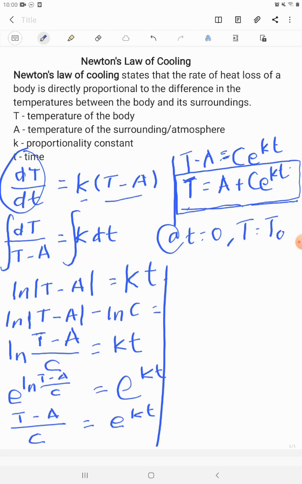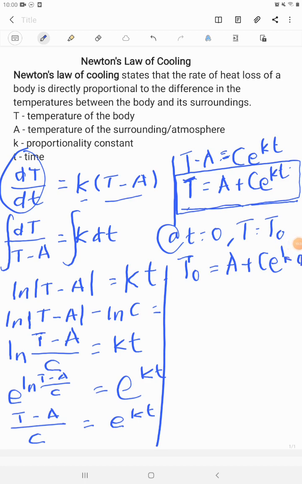So if, for instance, at time equals 0, T is equal to T sub O, then we can substitute that into the main equation. T sub O is equal to A plus C e to the power of k times 0.